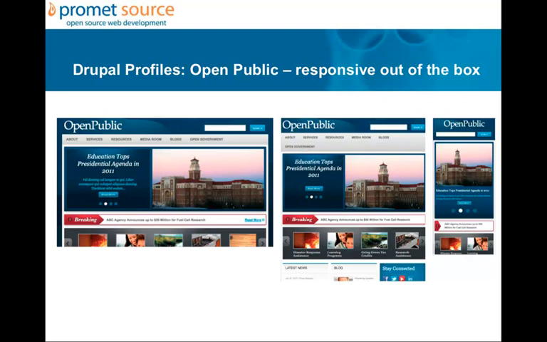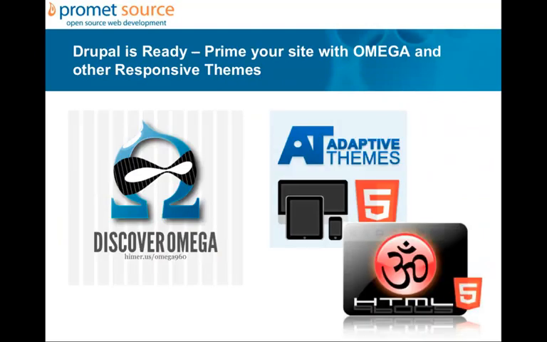There are Drupal sites and Drupal themes right now that come responsive out of the box, right? If you've ever played with Drupal profiles, Open Public is responsive out of the box. There's nothing you have to do to make it mobile ready. This is a brand new install, downloaded from Drupal.org, and as you squeeze your browser, this is what happens to that implementation.